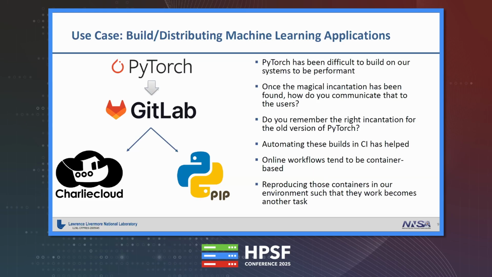Another use case I've had for this is building the AI/ML workloads on our machines. PyTorch is nice, but getting it to work with ROCm has been difficult, and ROCm has constant updates, and you keep trying, and maybe something else is fixed, maybe it's not. And Cray Slingshot is also something PyTorch doesn't care about, so they don't know about it.